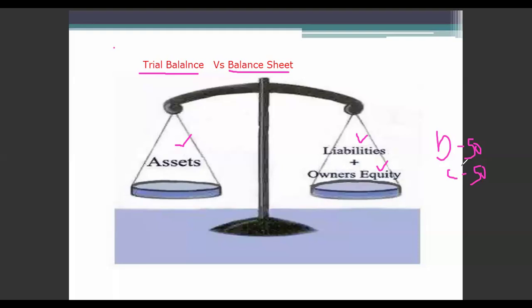Whereas in balance sheet, I'm following the principles, I'm following the logic for recording the transactions.